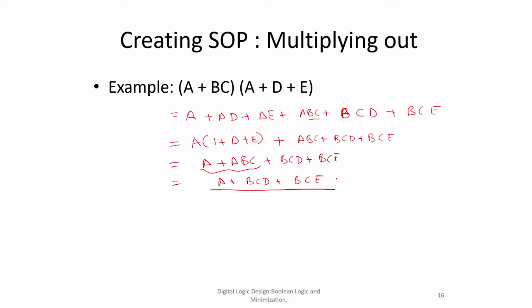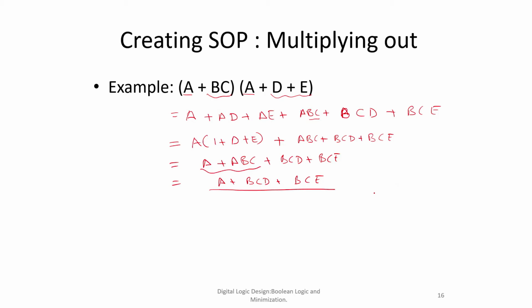So you see that this expression is neither sum of product nor product of sum, but after multiplying out we can create a good representation of this sum of product. Now we did this in a completely multiplication way, but is there a better way? Possibly yes. If you remember, yesterday we saw a couple of theorems. One of the theorems we can use here is that this is a common part, so we can consider it as a separate part.